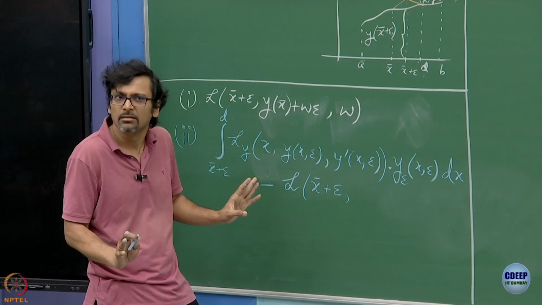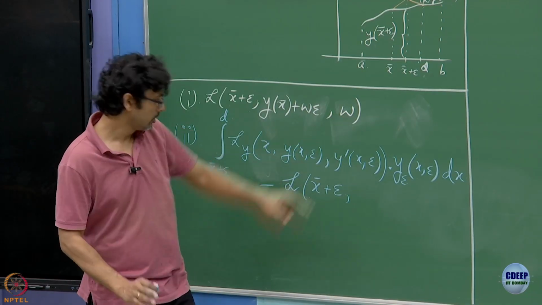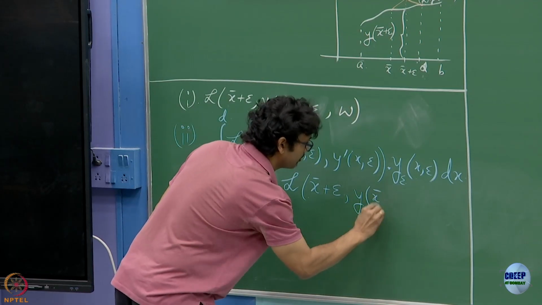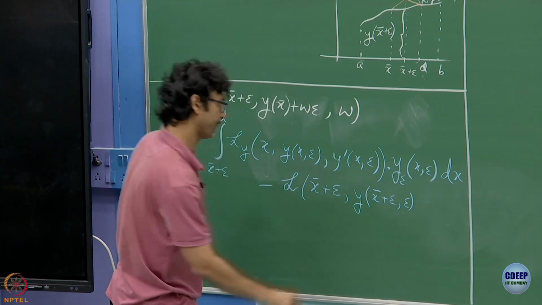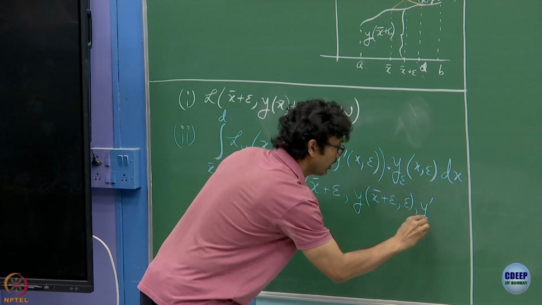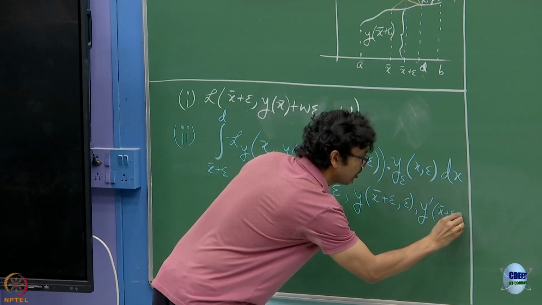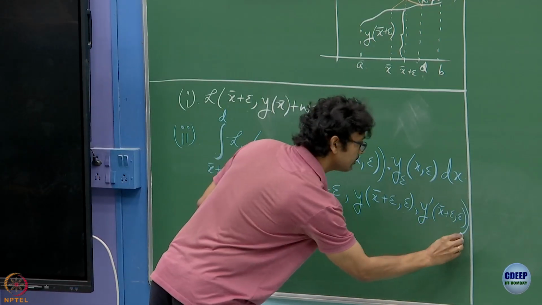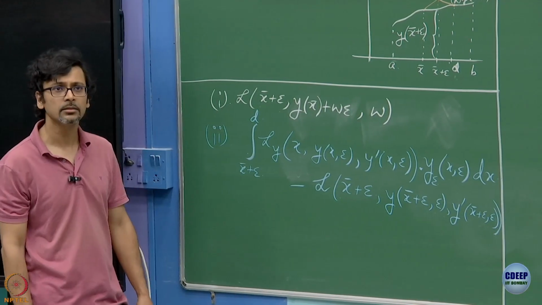Doesn't matter. Either way it would have been okay. The main thing, as I said, was to replace this with w. Anyway, so x bar plus epsilon comma epsilon comma y prime x bar plus epsilon comma epsilon. That's the blue box part.